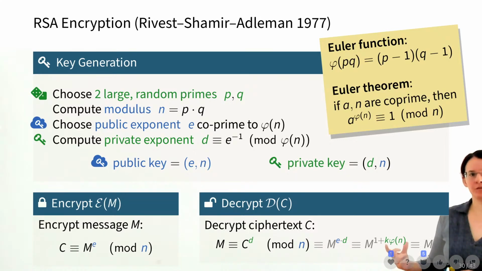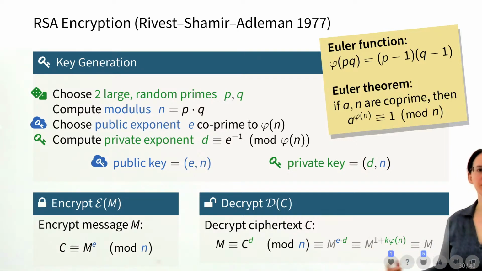Now what do we know about phi of n? We do know that any number to the power of phi of n equals 1 modulo n. So in other words, I can split this up into m to the power of 1, that's m, times m to the power of phi of n to the power of k, using exponentiation rules. But m to the power of phi of n is 1, and 1 to the power of k is definitely still 1.